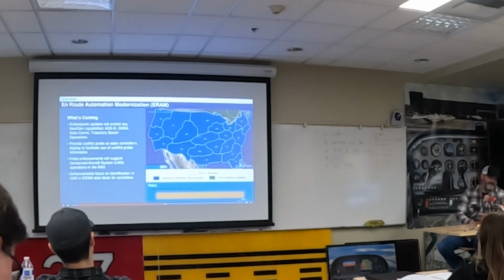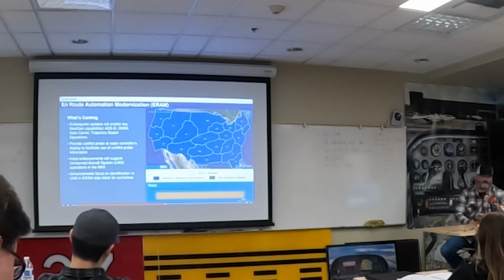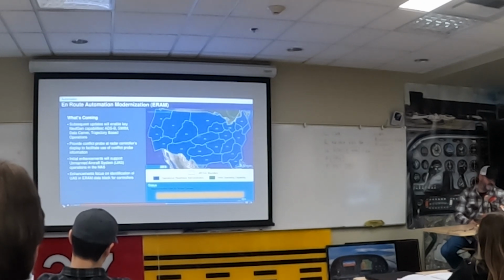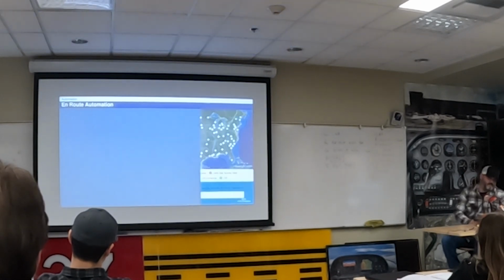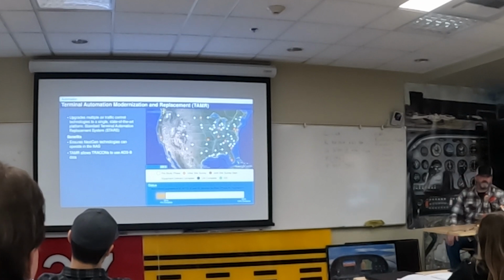Initial enhancements, again, a huge one, UAS. So now that they can see UAS activity, they can vector you around or it around. Enhancements focus on identification in UAS. They're trying to change air traffic controller systems.